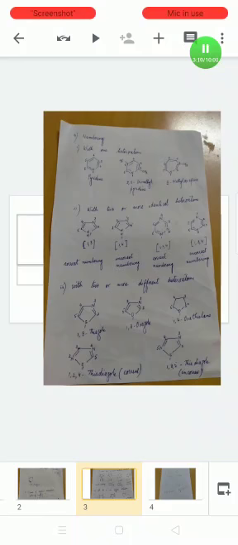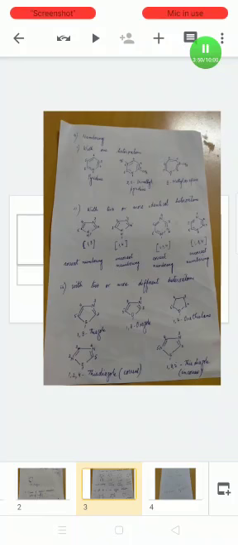So we start numbering from the heteroatom, and we proceed in such a way that the minimum number is shown on the substituent, if it is present. The first example here is pyridine. In pyridine, we start numbering from the nitrogen atom, the heteroatom.